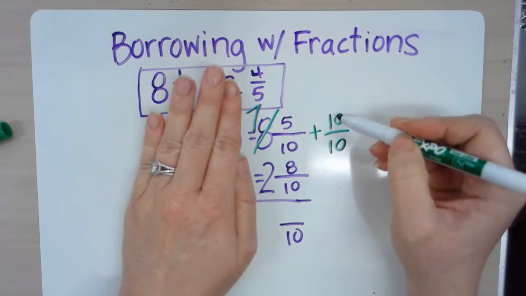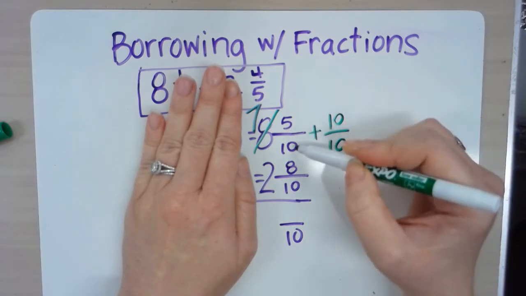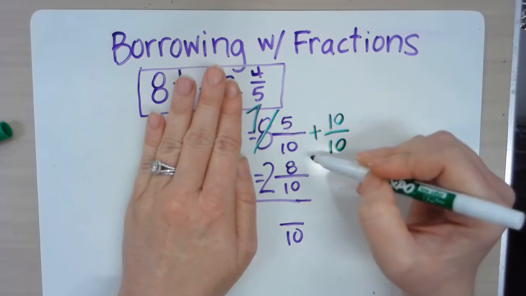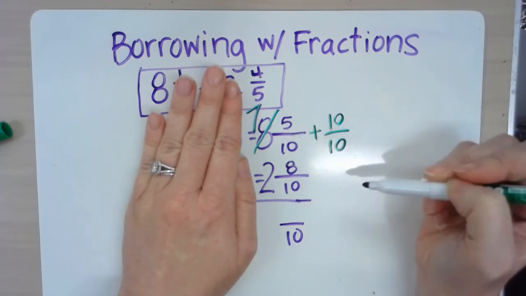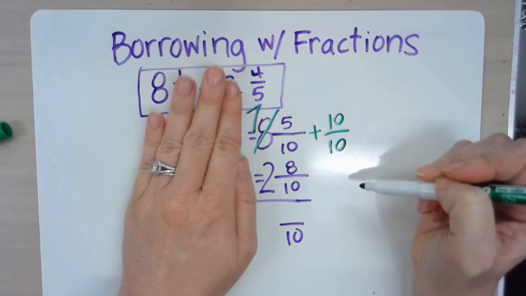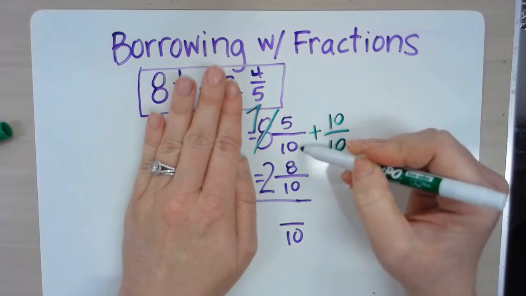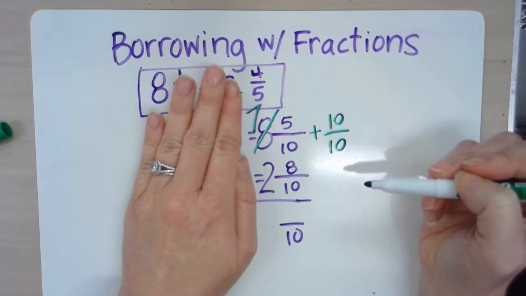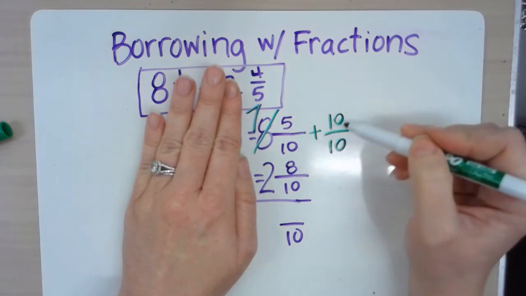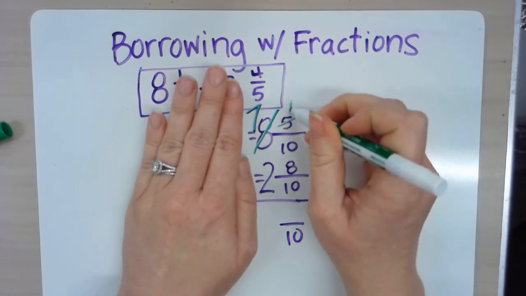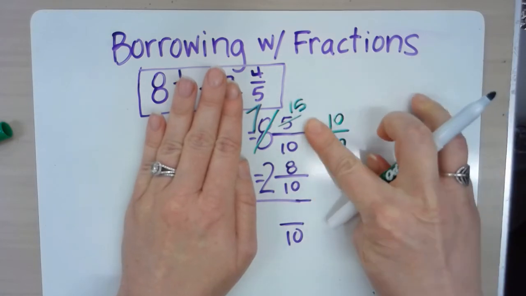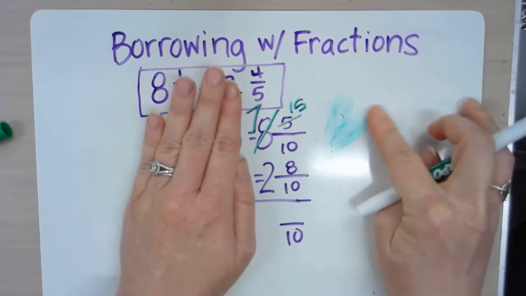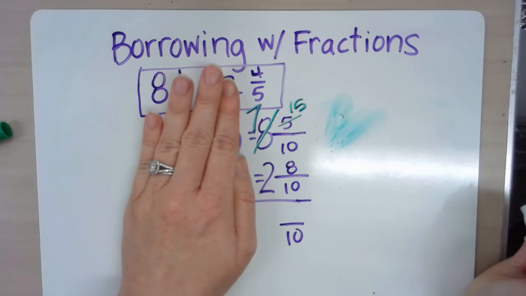Here, if I add 10/10 to 5/10, I've given this one whole because 10/10 equals one whole. An efficient way to do this is just to give it the fraction of 1 that has the same denominator. When I add 5/10 and 10/10, I arrive at 15/10. That's what it looks like when I add this 10/10.